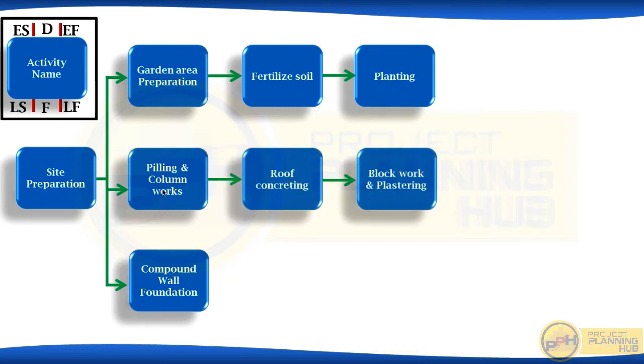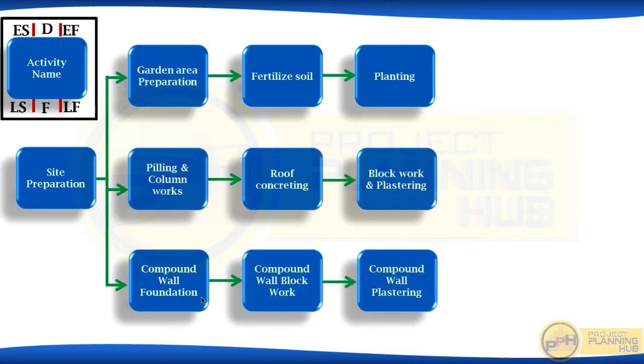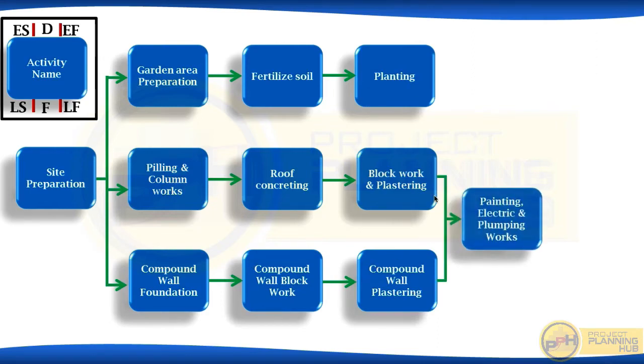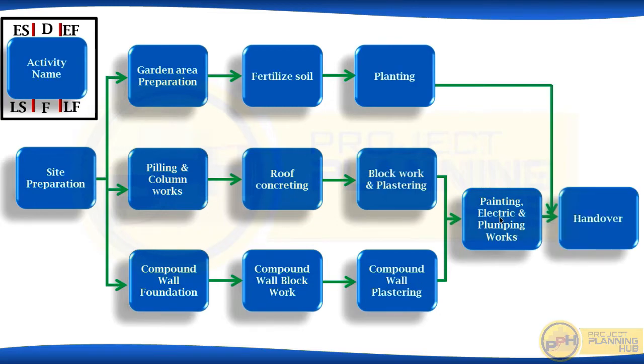Then after finishing piling column works, roof concreting and block work plastering. After finishing compound wall foundation, compound wall block work and compound wall plastering works. After finishing block work, plastering and compound wall plastering, painting, electrical, plumbing works will be there. Now after finishing this painting, electrical, plumbing works and planting, we will hand over the house. So these are the 12 activities in our project.